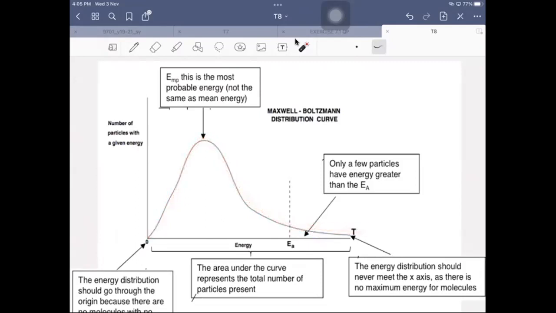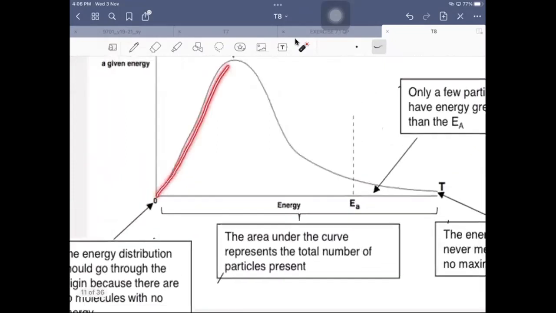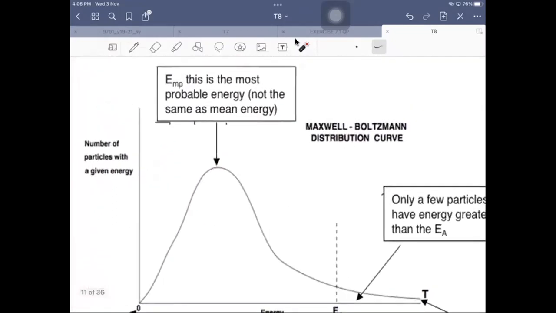Okay, there are a few things to note. At zero energy, as I said, there is no particle or molecule that would have zero energy in this world. Everyone will have some sort of energy. So it starts from zero, and this is the area of low energy. And then in the middle, that's the peak, that's the highest. So we call this the most probable energy.